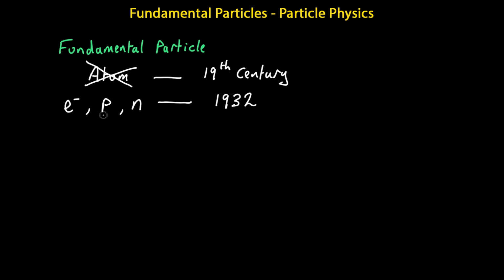It cannot be broken into smaller parts, but the proton and the neutron can be broken or split apart into particles called quarks. And these quarks are, in fact, fundamental particles.